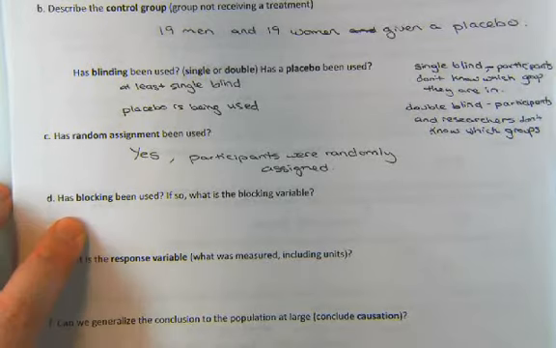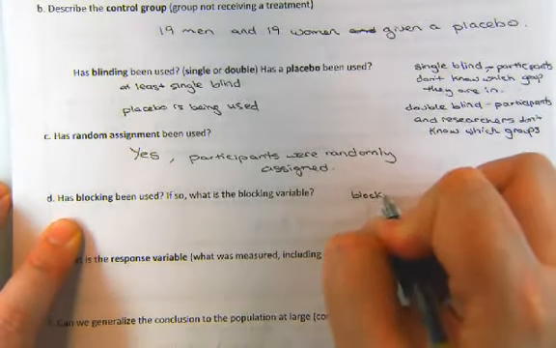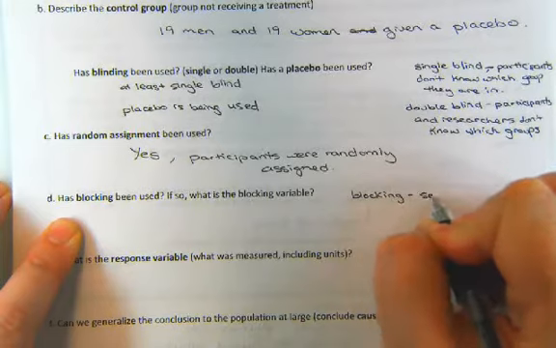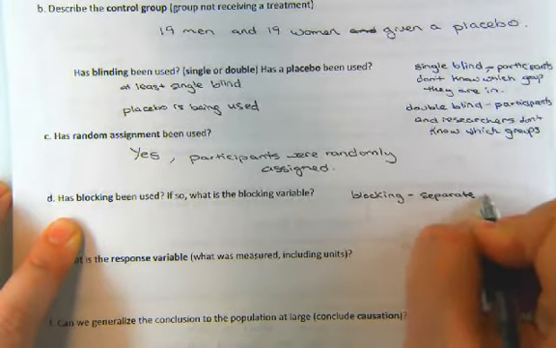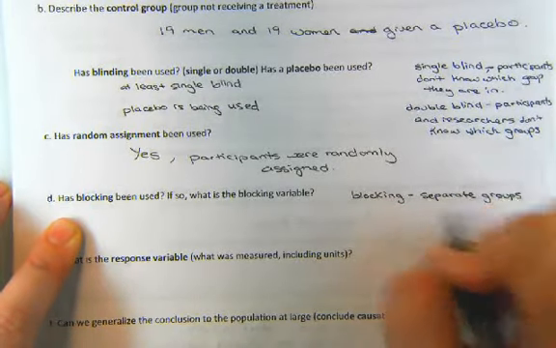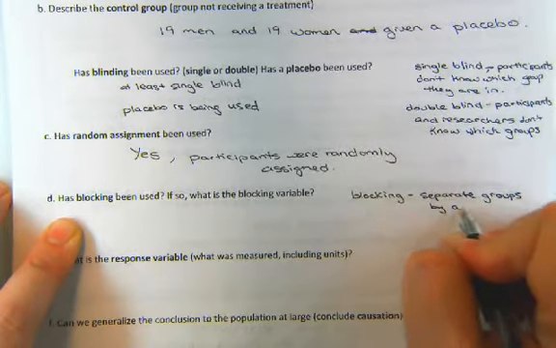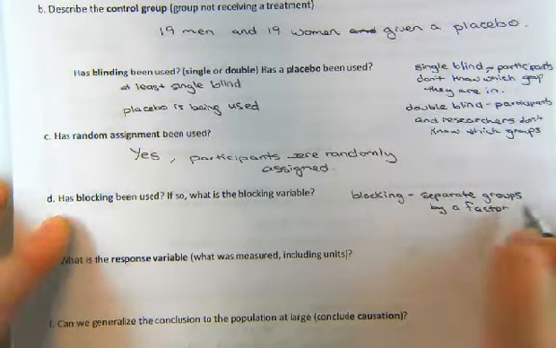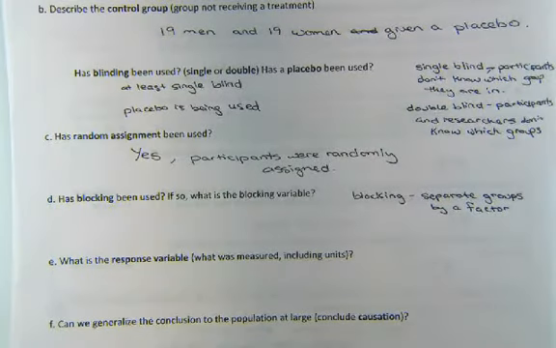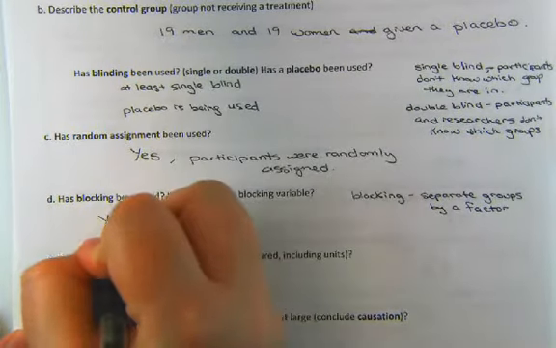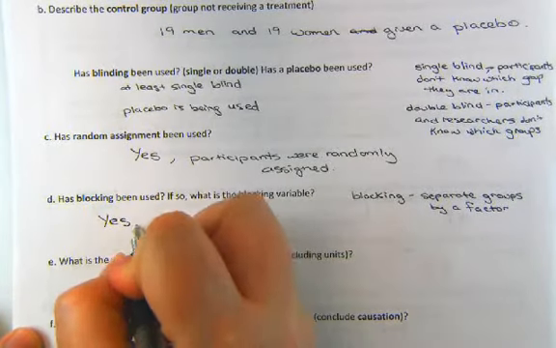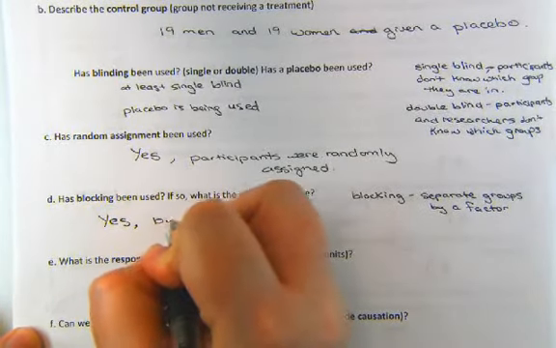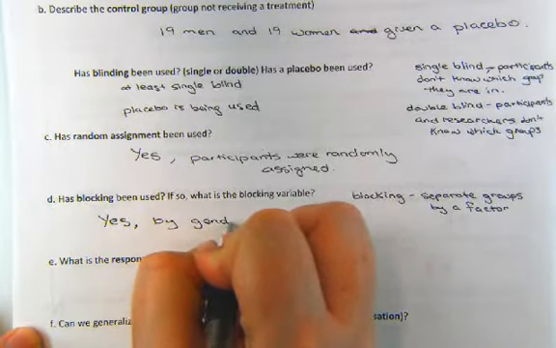Blocking. Blocking is where we separate the groups by some factor, and it happens before we separate into treatment and control. It's the idea that they started with 76 people, and then they separated by gender. So for us, yes, blocking was used, and our blocking variable was gender. They separated into two groups of men and women.